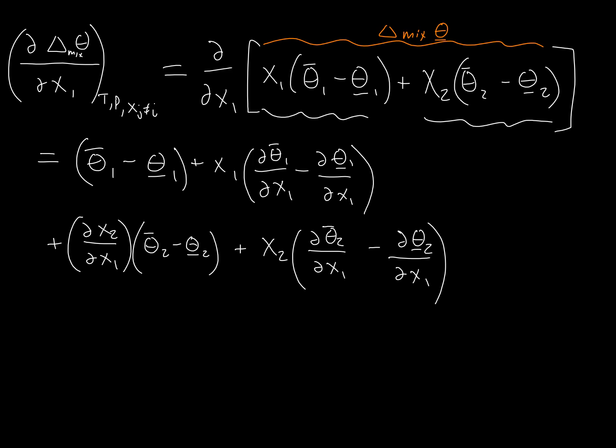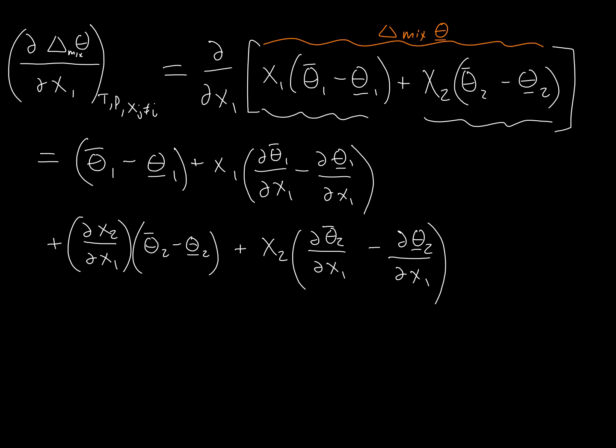How many things cancel out? About 4 things cancel out here. You're referring to this expression here. That does not go to 0, but we can simplify it. So let's simplify this one here.